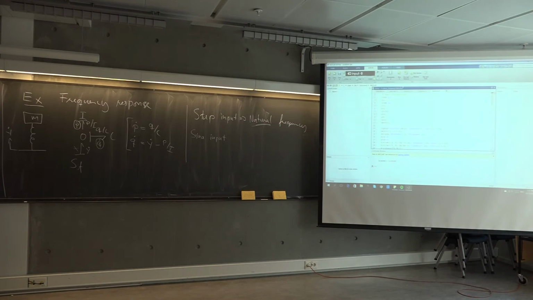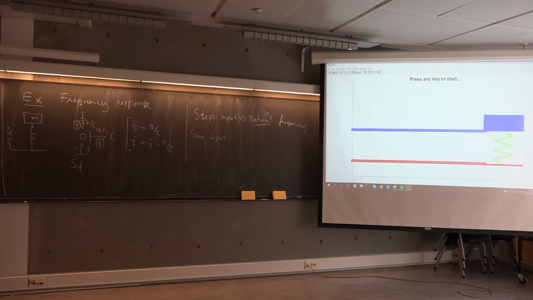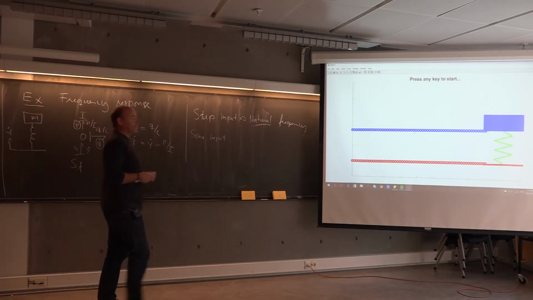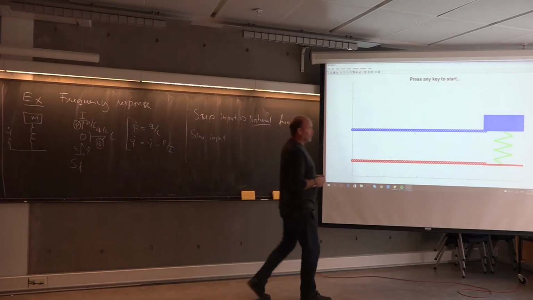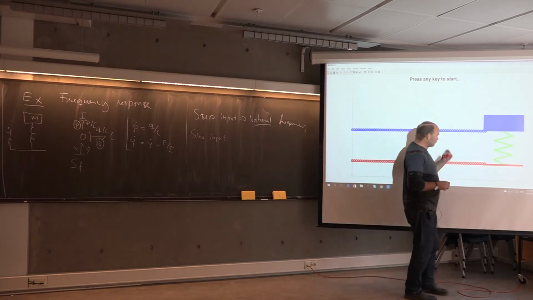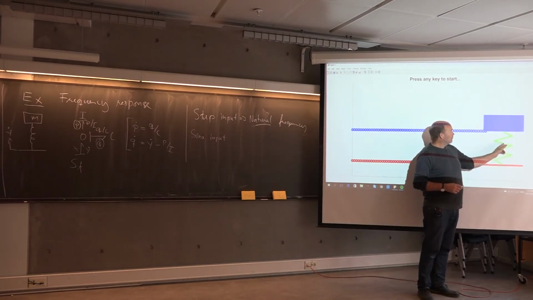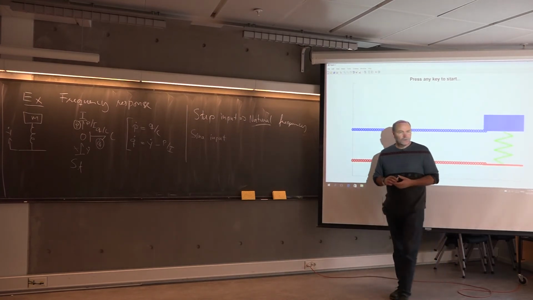Let's see if we can visualize this. Here I now have my plate downstairs. It's red. I have my spring green and the mass blue.